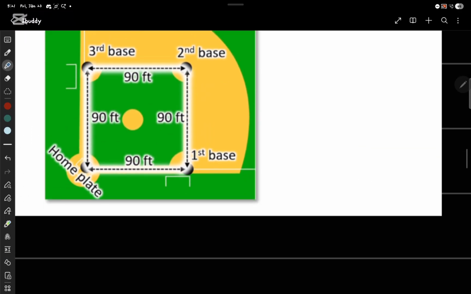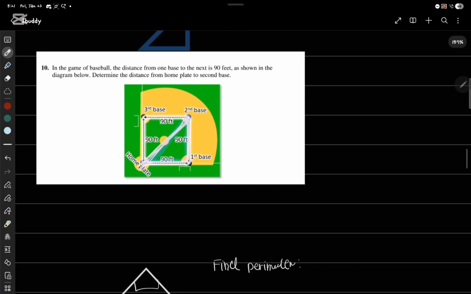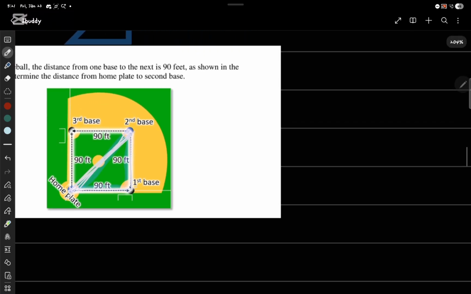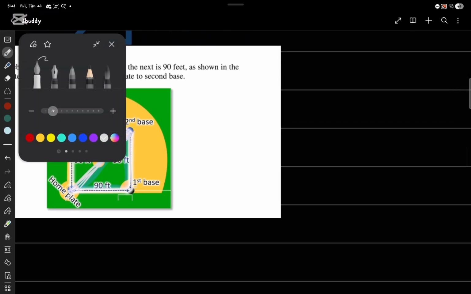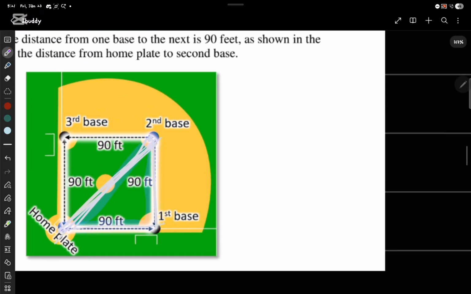You essentially want to get that distance. Home plate, second base, and you want to get that distance between them. Okay. So this is a classic Pythagorean Theorem question.